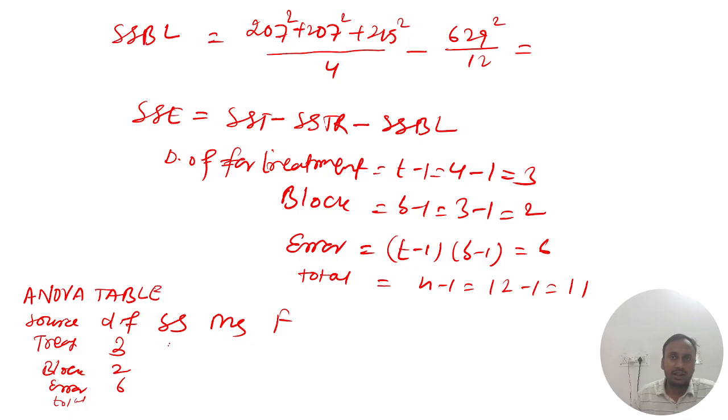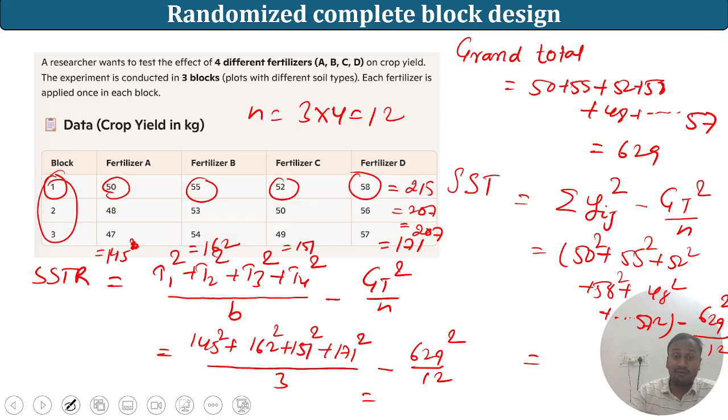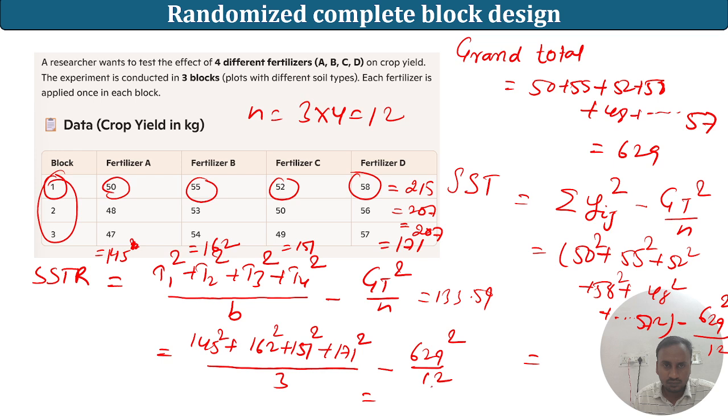What about total? For treatment, how much do we have for SS? It will come 133.59. SSBL is 10.67. SSE is 2.66.